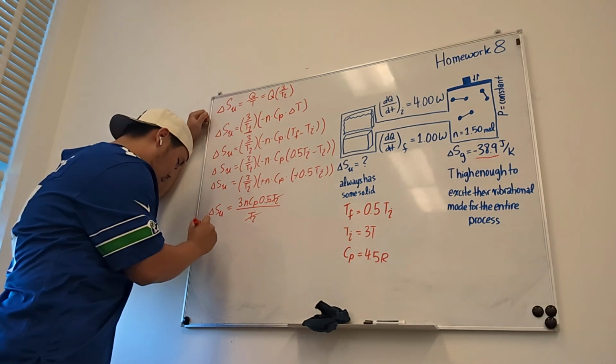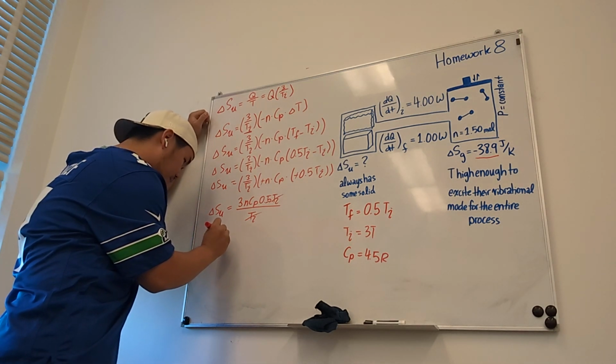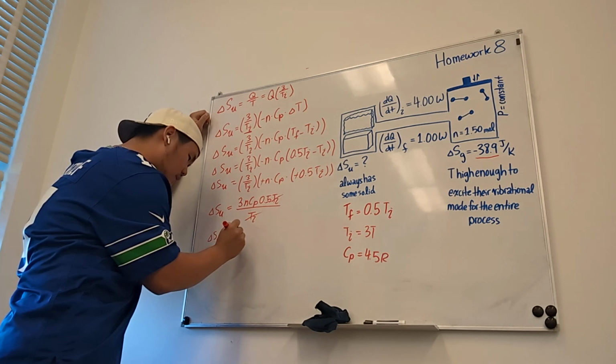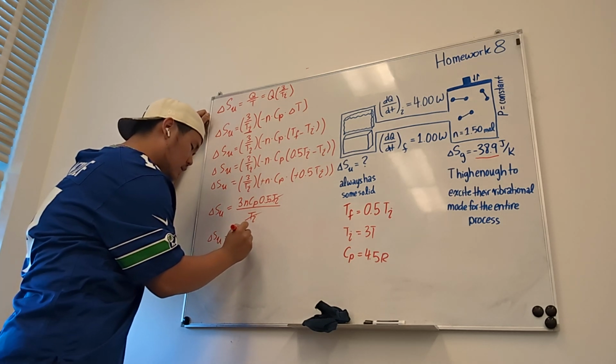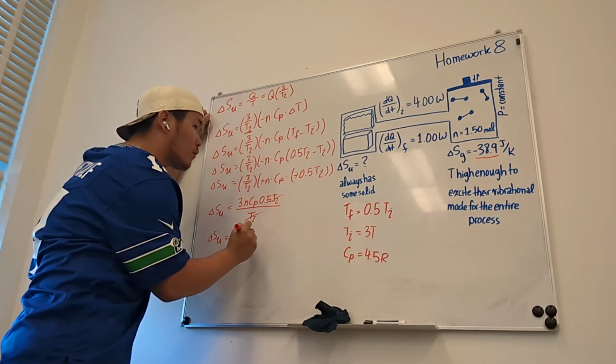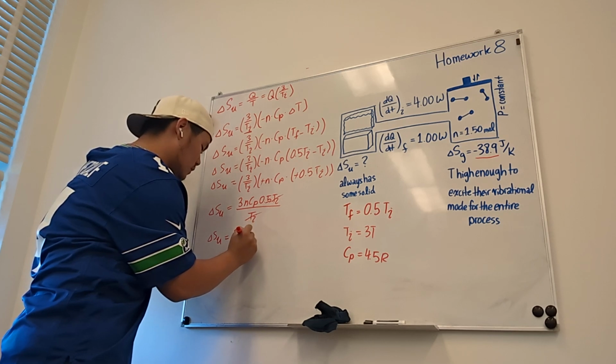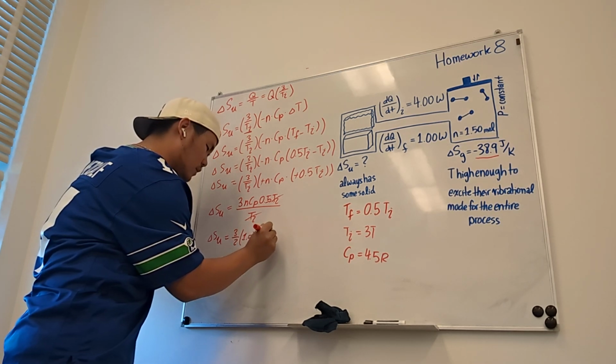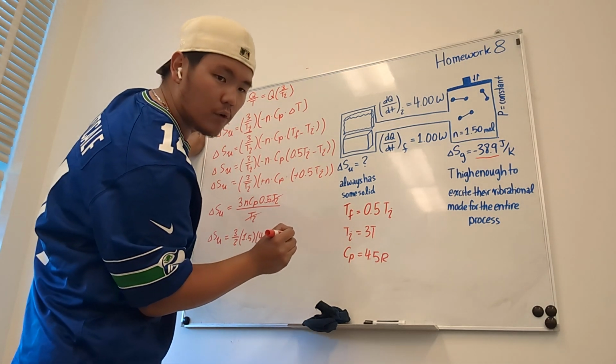So now what do we get? We get delta S U is equal to 3 over 2 times N, 1.5 is what we're given, times 4.5 times R, which is 8.314.